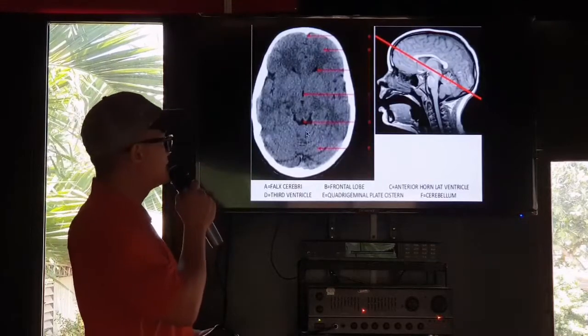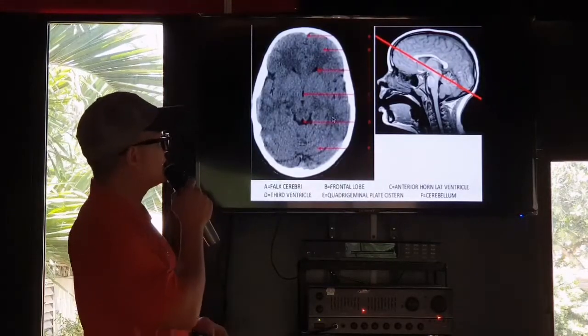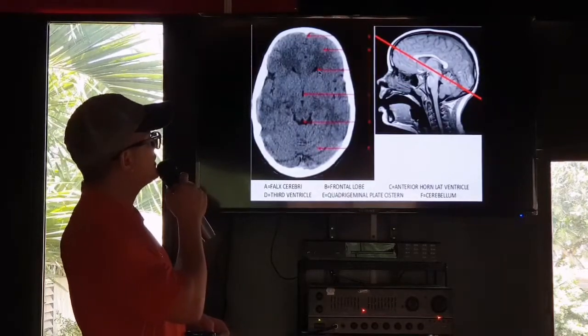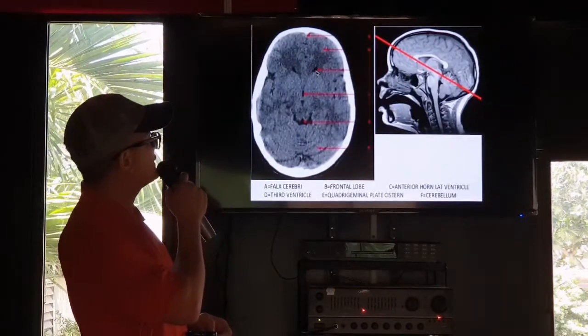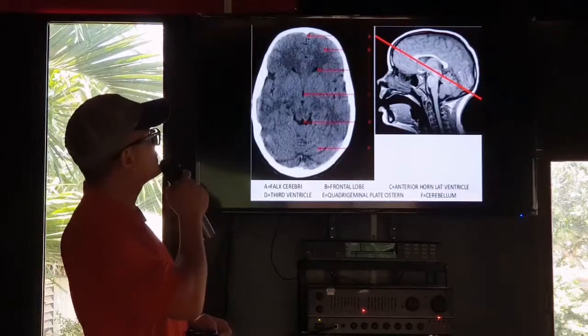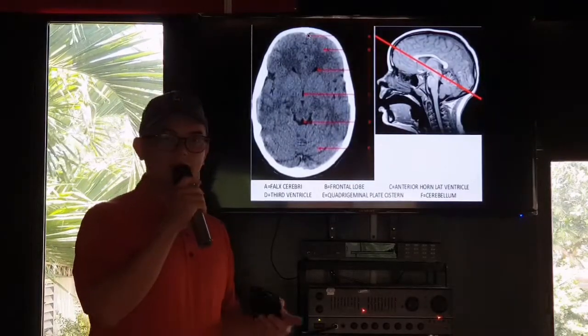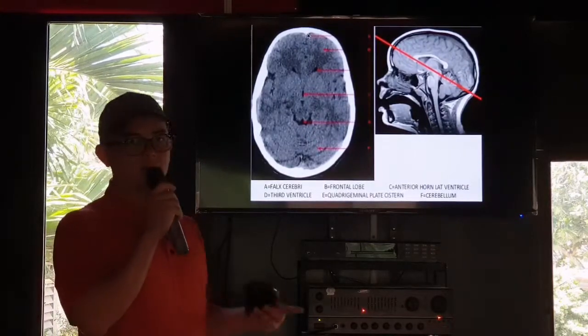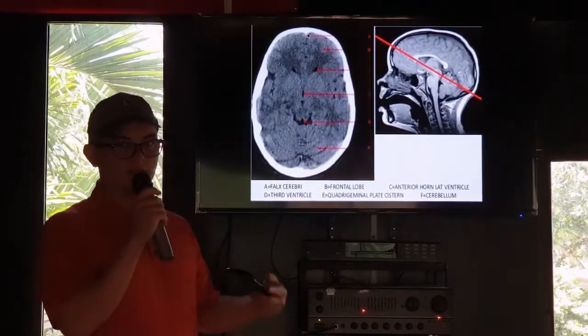Okay. So further up, you have the anterior horn of the lateral ventricle. Here, you can see this anterior horn of the lateral ventricle. You have the falx cerebri. If you can remember, the falx cerebri is a fold of dura mater where the endosteal and meningeal layers are not attached.